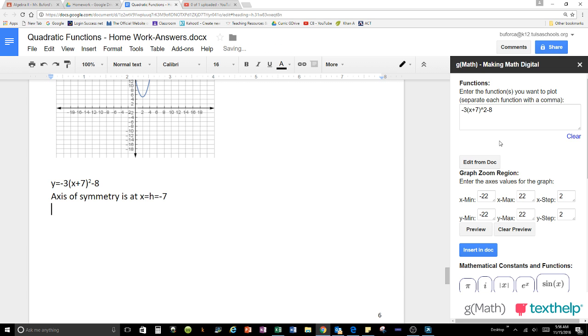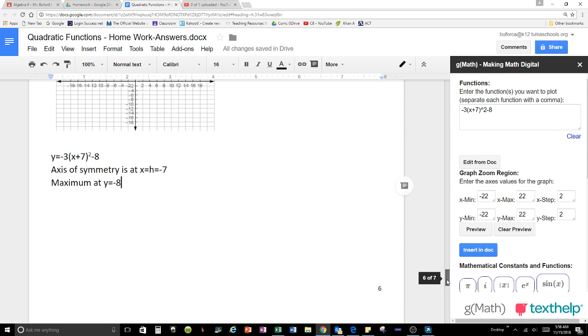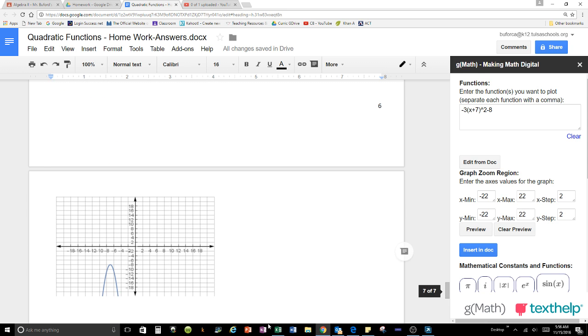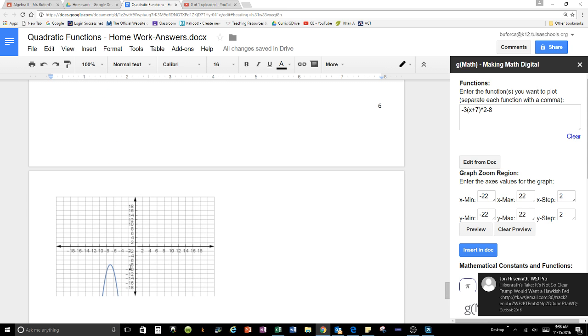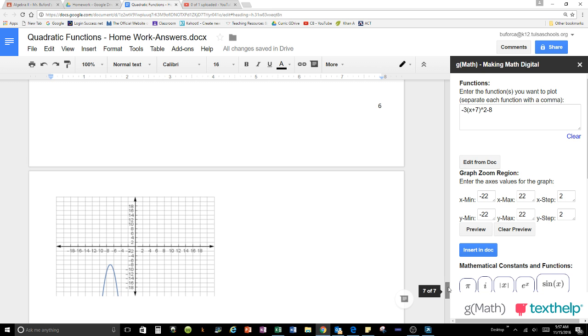And the vertex is a maximum at y equals negative 8. Right, so it's a maximum at y equals negative 8. At minus 7 is the axis of symmetry because that's what cuts the parabola right in half.